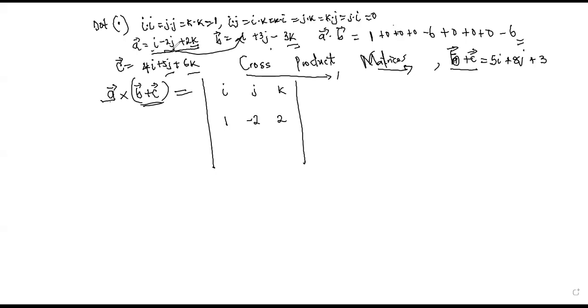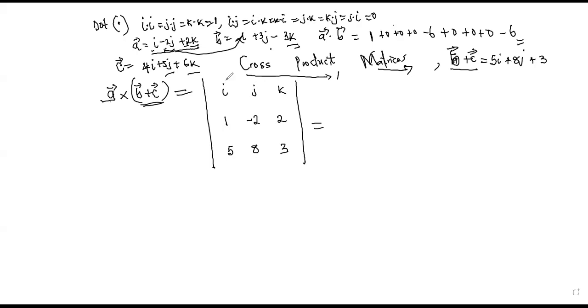You see 1, minus 2 and 2. Then the next row, we're going to put 5, 5, and 3. Now, if you can find the determinant of this matrix, you have successfully done A cross B plus C. So if you're given any vectors, that is how to cross the two vectors. As simple as that. So how can I do this?